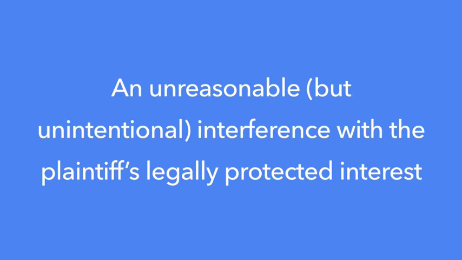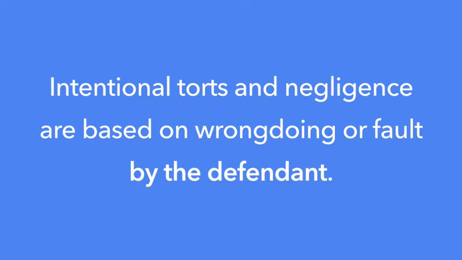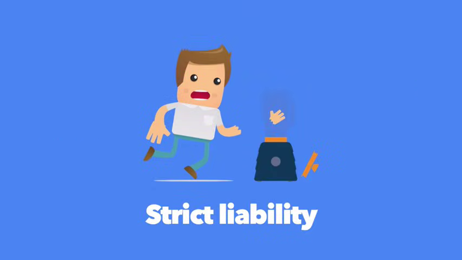Negligence is shorthand for an unreasonable, but unintentional, interference with the plaintiff's legally protected interest. So, roughly speaking, both intentional torts and negligence are based on wrongdoing or fault on the part of the defendant. Strict liability is something else altogether.